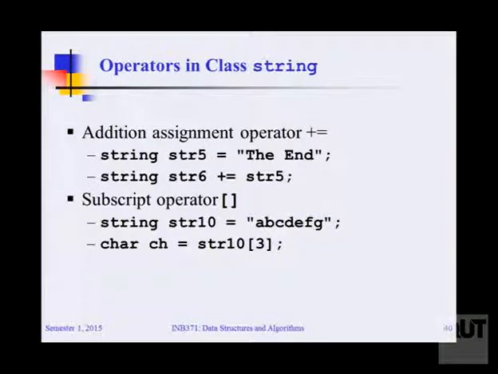You have to use a string, for example, string st1. Let's say st1 is equal to this, and st2 is equal to that. You can compare st1 and st2. This would return true, because this one is larger than that one. We use alphabetical order. Okay.